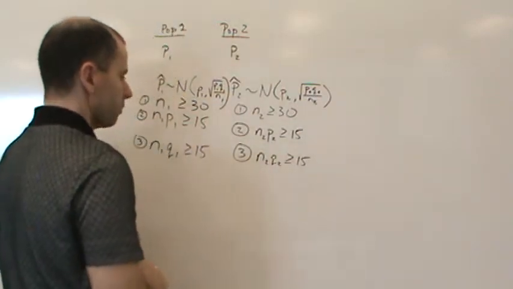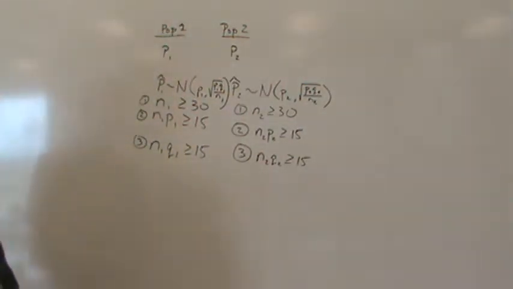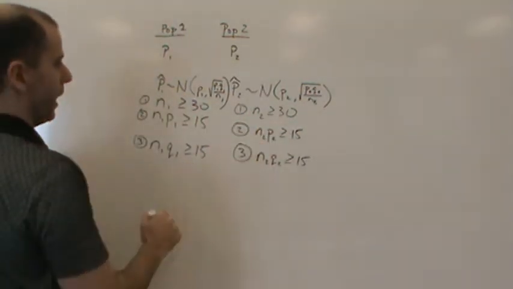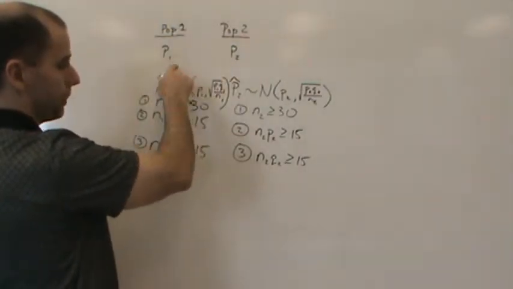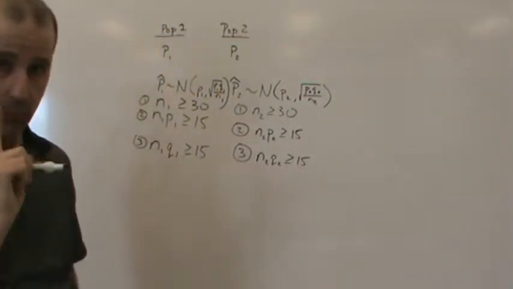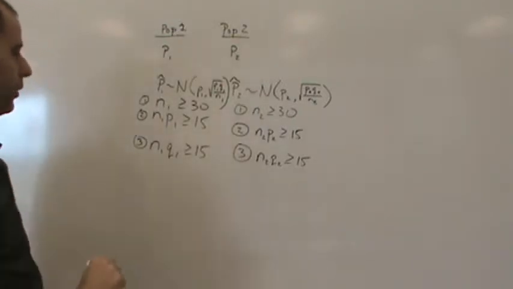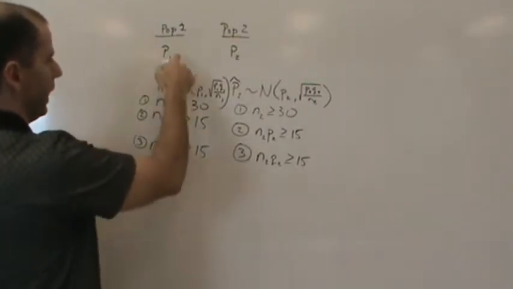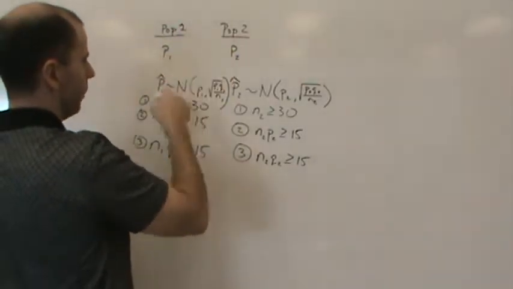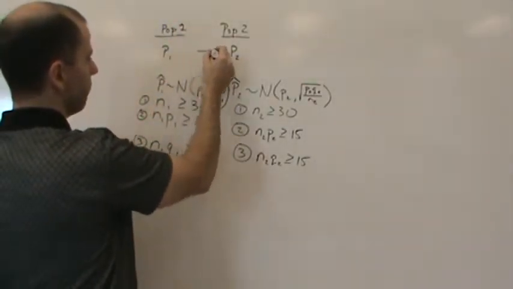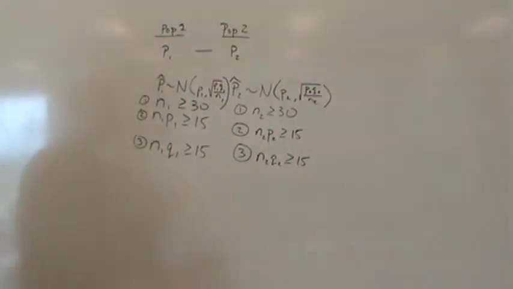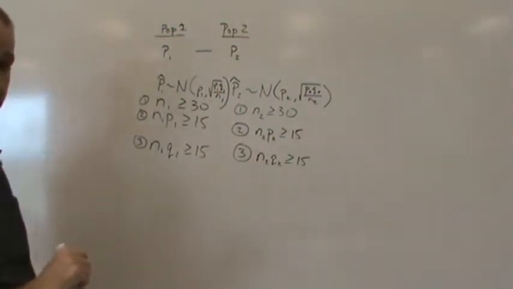Now, if all of these conditions are met, and I'm dealing with a two-population hypothesis test, then I'm looking at the differences between these, and I want to know, hey, is the difference between P1 and P2 significant?